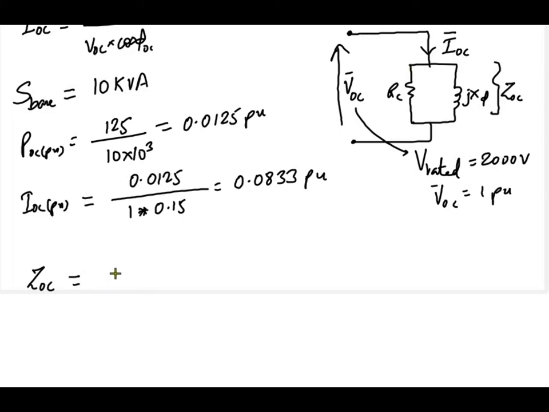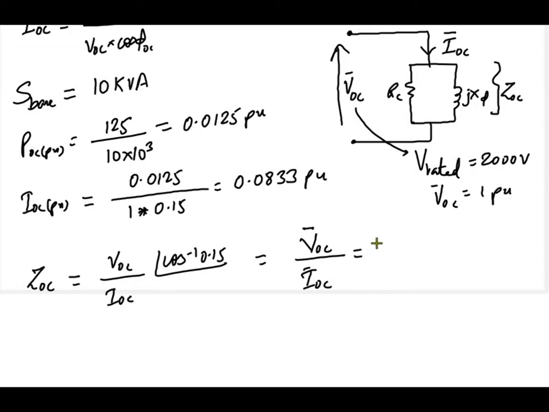So ZOC is equal to VOC divided by IOC angle cos inverse 0.15. Why is it 0.15? Because the no load power factor is given. The power factor at no load is 0.15. So the angle will be phi naught OC. I am writing it like this: VOC in phasor form, VOC upon IOC.